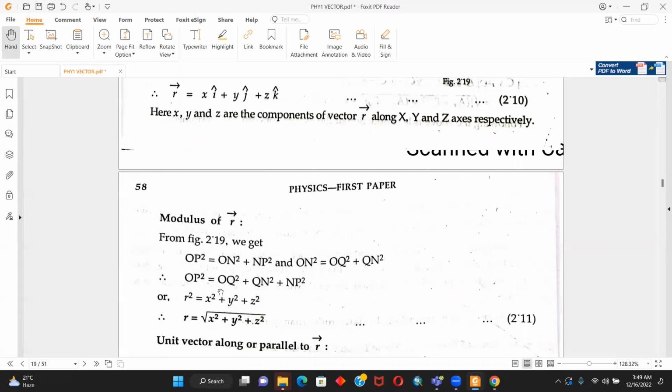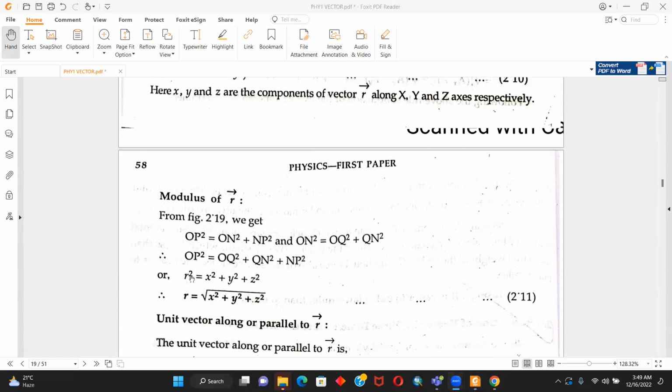Now, from that, they have got OP squared equals OQ squared plus QN squared plus NP squared, like in the case of hanging a stick in a rectangular three-dimensional object. Remember that? So in that way, they've got this. So r squared equals x squared plus y squared plus z squared. And if you take the square root of that, you will get the modulus value.